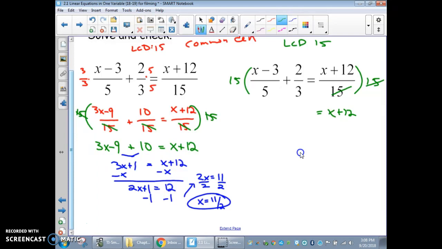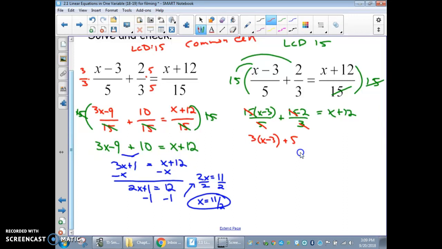When you distribute on the left side, you end up having 15 times the quantity x minus 3 over 5, and 15 times 2 over 3. In that scenario, the 15 and the 5 would reduce by a factor of 5, so 3 times the quantity x minus 3. The second fraction, 15 and 3, would reduce by a factor of 3, and you're left with 5 times 2, and then equals x plus 12.